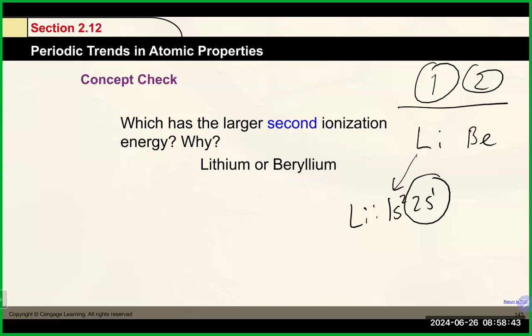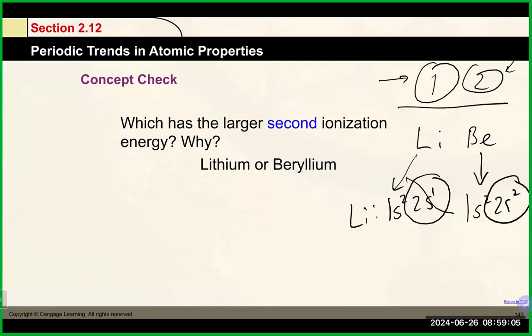It has one valence electron. Beryllium, which is 4, has 1s2, 2s2, so two valence electrons, equal to the group number. If I'm going to remove the second electron in lithium, I will end up removing what type of electron, a valence electron or a core electron?